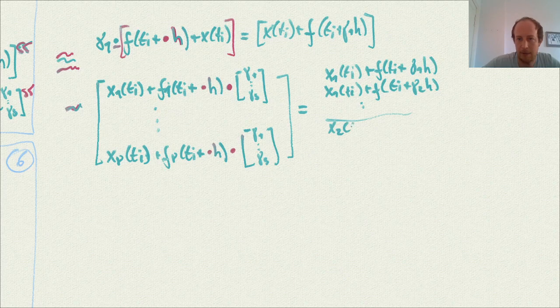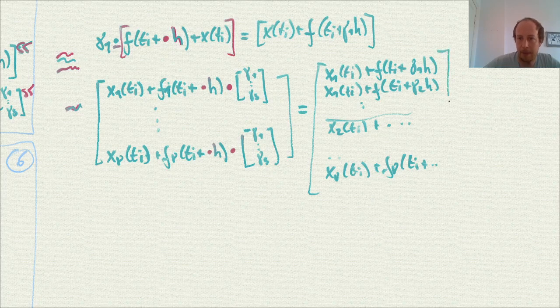Then x_2 of t_i coming up, and in the end there will be x_ν of t_i plus f_ν of t_i. This is this resorted vector, and we call this part Z_i1, this part Z_i2, and the last part Z_iν.